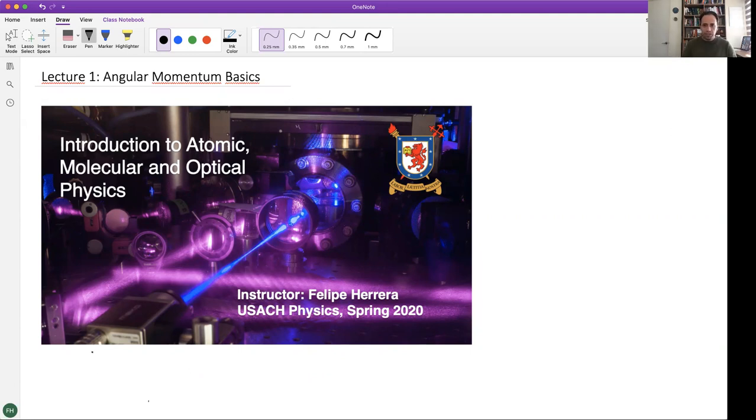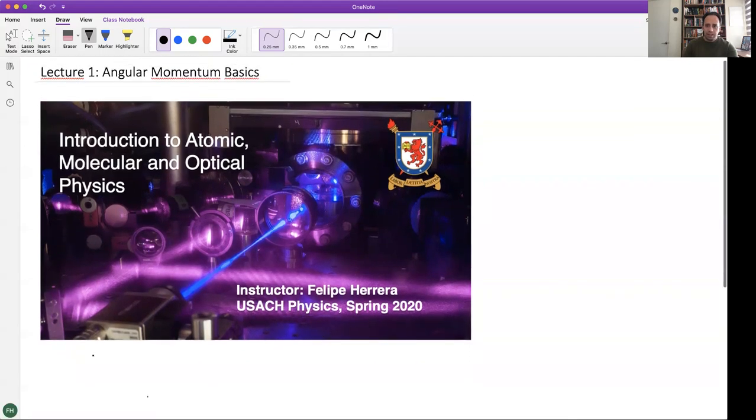So, in our first class, we will review the basics of angular momentum. Why? Because atoms and molecules and also light in many ways can be described by the physics of angular momenta. So we will see more of this during the rest of the course.